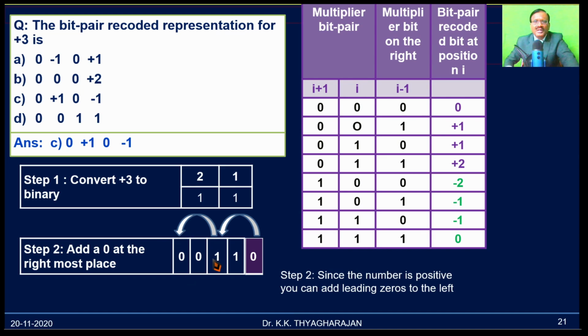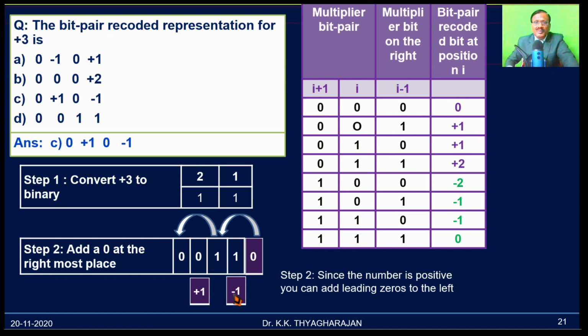To recode this 1, you need 2 more zeros in the left side. That is why we added 2 zeros in the left side. Now all these things are combined 0, 0, 1. The recoded value will be +1. So the answer is like this. That is 110 is recoded as -1, 001 is recoded as +1. So the result is +1 -1 here.